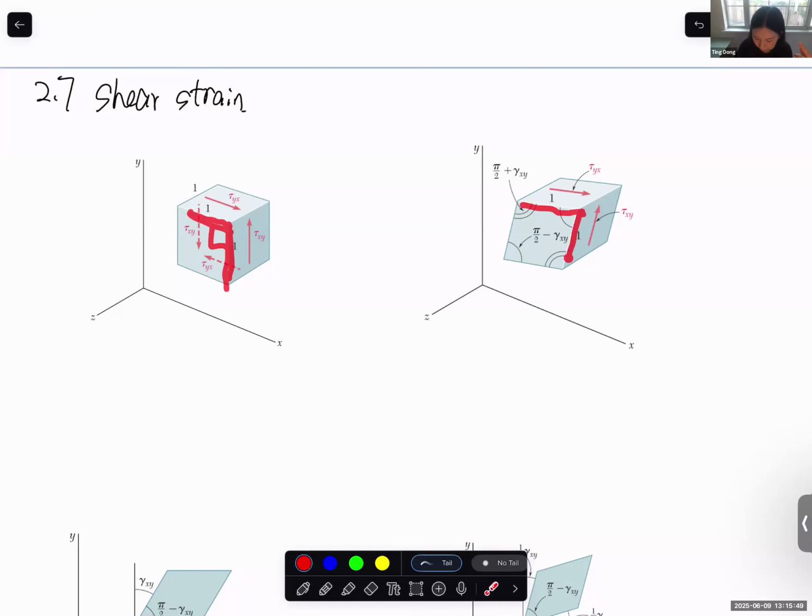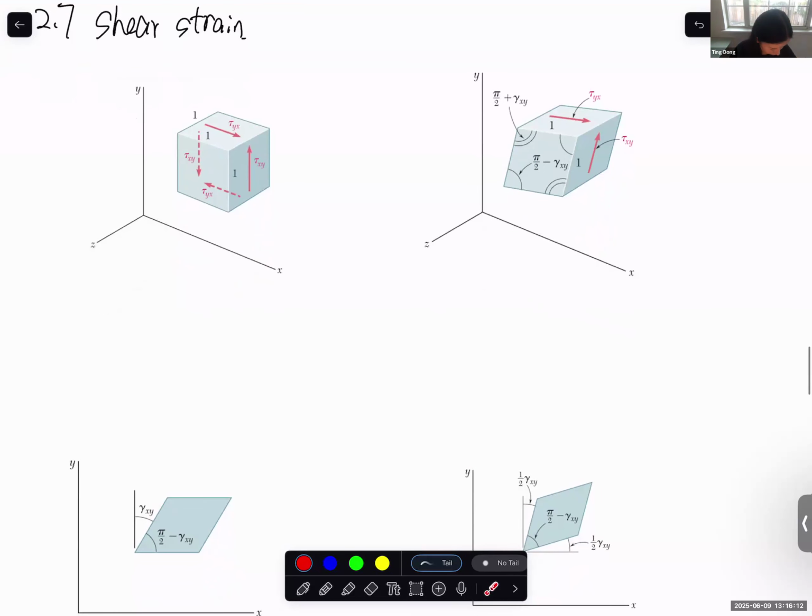After deformation, the original 90 degrees, or pi over 2, becomes pi over 2 minus gamma xy. This gamma xy is the definition of shear strain, simply the reduction of angle between the x and y planes.